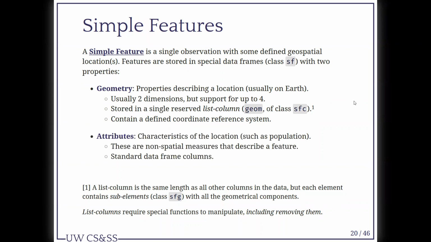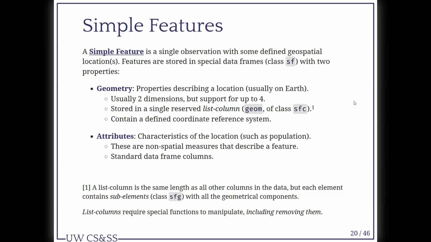The second property is the attributes of the simple feature. Characteristics of the location, such as population, can be stored here. These are non-spatial measures that describe the feature, right? So how many people there are in a county, or how many frogs there are at the pond.